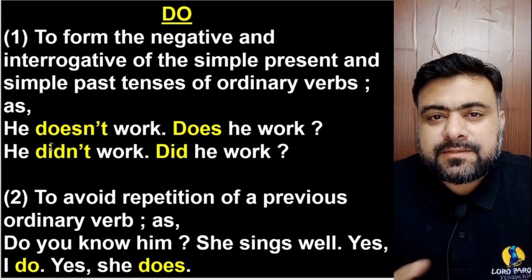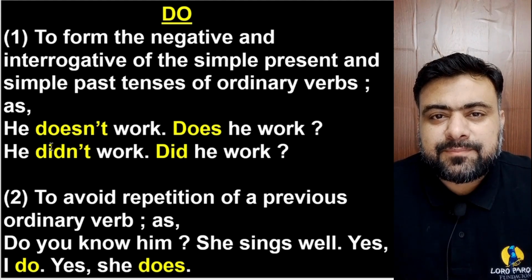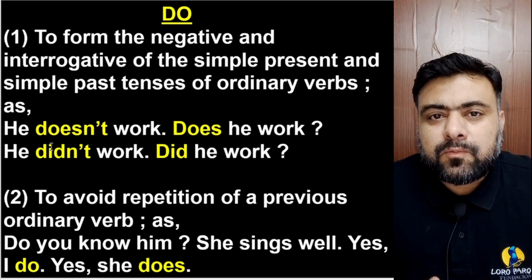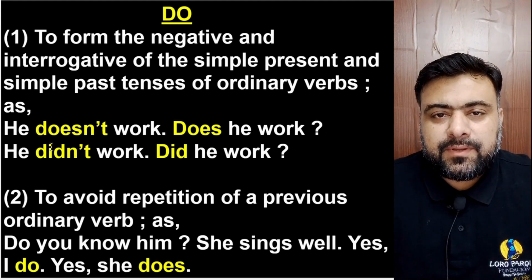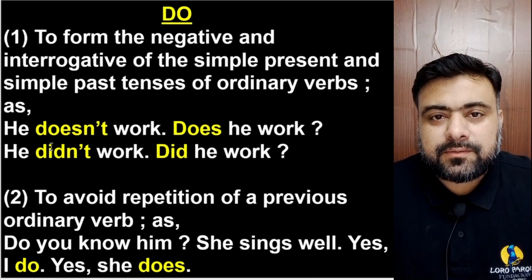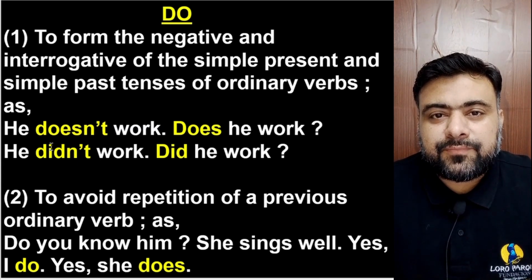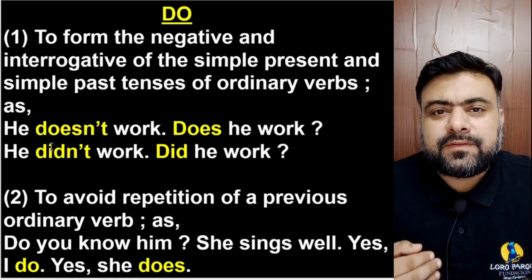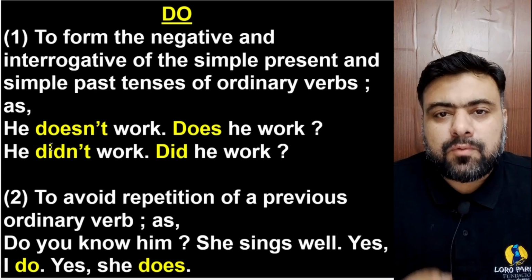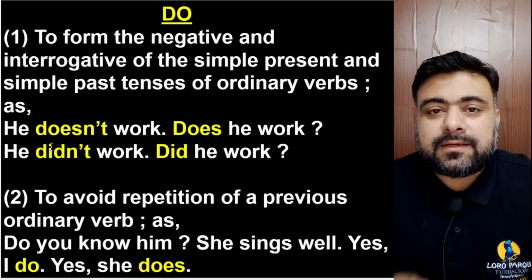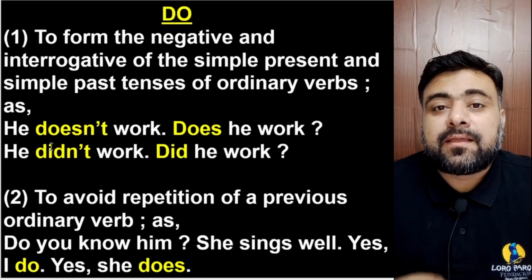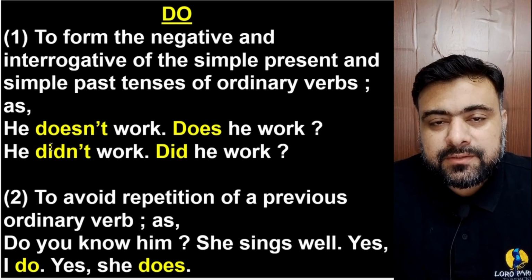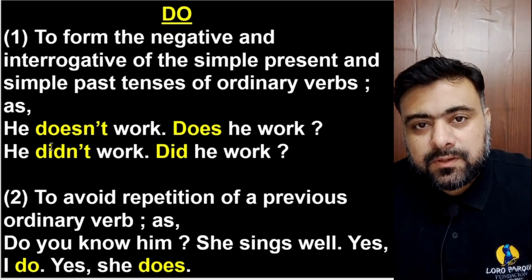For example, the sentence of a simple present tense is he works. The negative will be he doesn't work. The auxiliary verb do in the form of does has been used to form the negative of the simple present tense. He works, he doesn't work. Does he work?